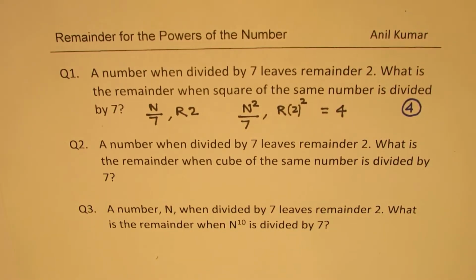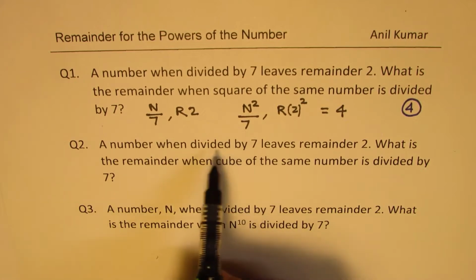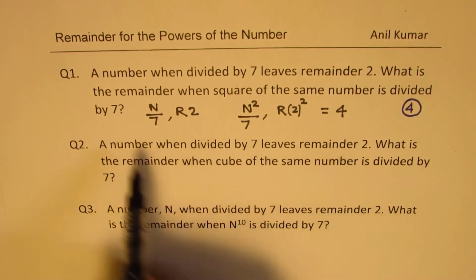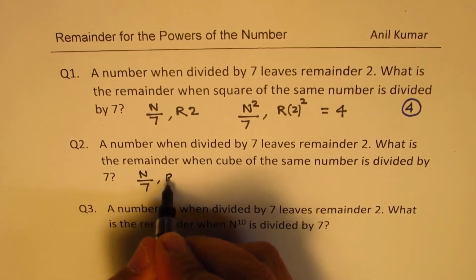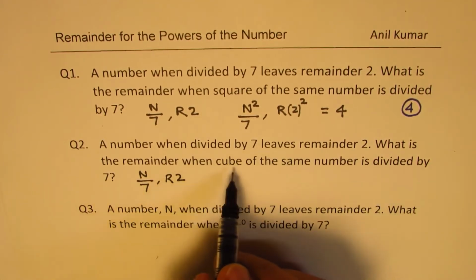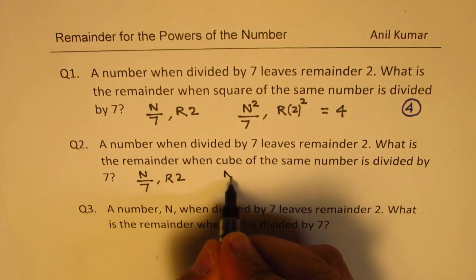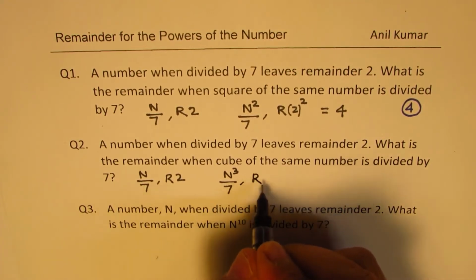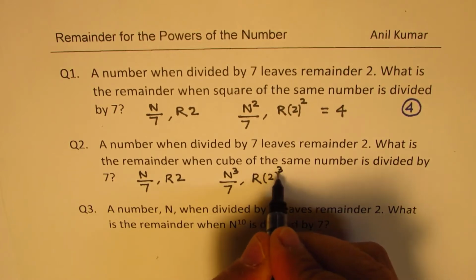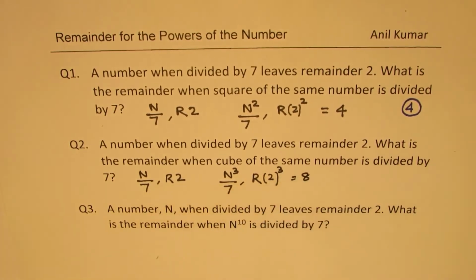Now in question number 2, we are saying that the number when divided by 7 leaves remainder 2. Same thing, right? So when this number is divided by 7, we have remainder 2. Now what happens to the cube? Well, when the cube of the number is divided by 7, then the remainder will be 2 cube, which is 8.